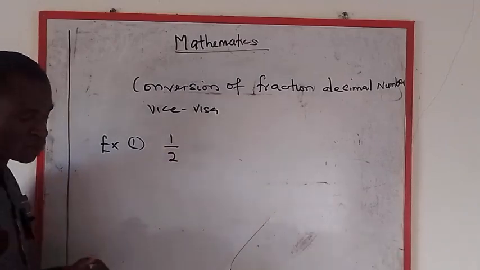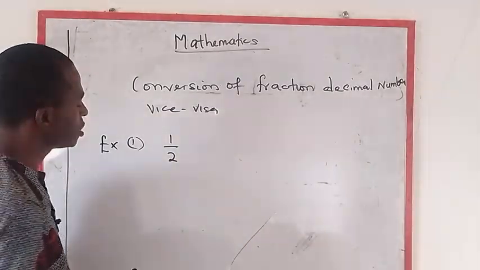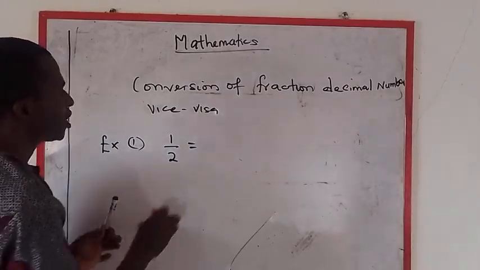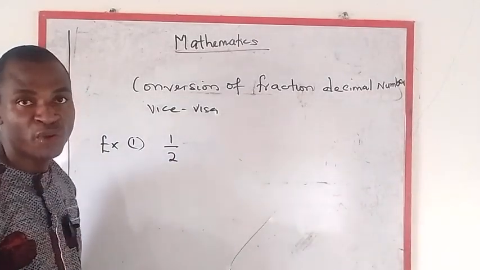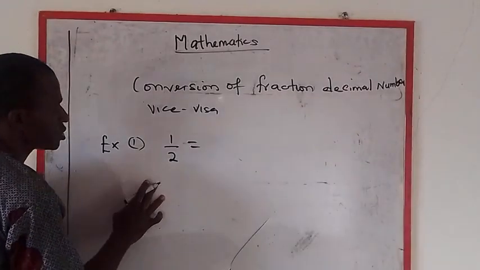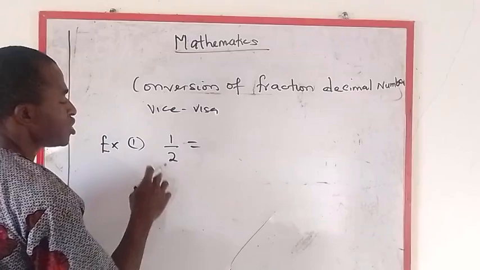I will start from a very simple number so that we understand what we are talking about. Without going through the long division process, I will make it very easy for you. What you just need to do is, knowing fully well that this one is a proper fraction.